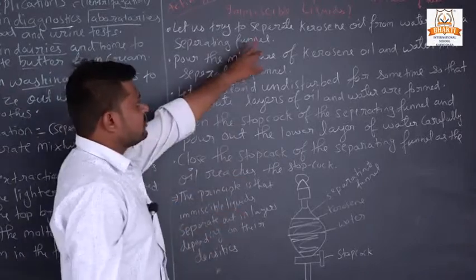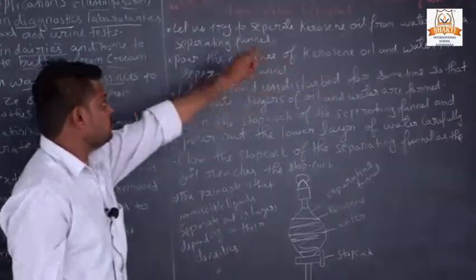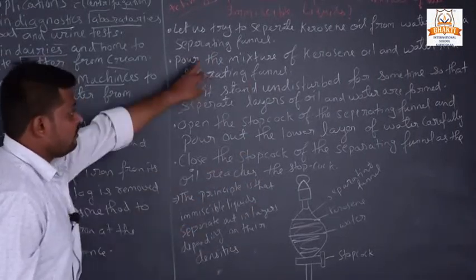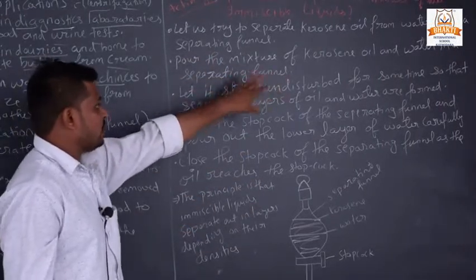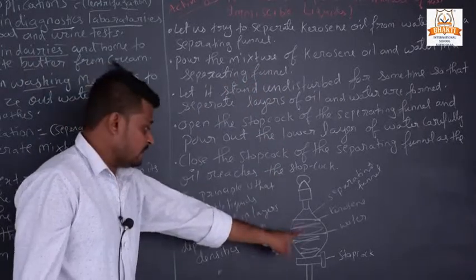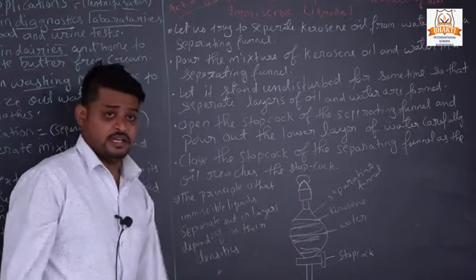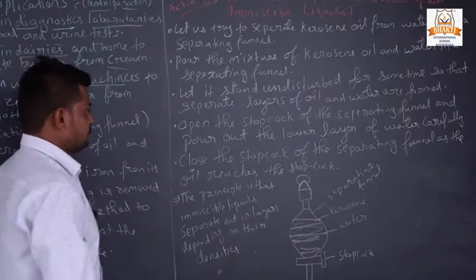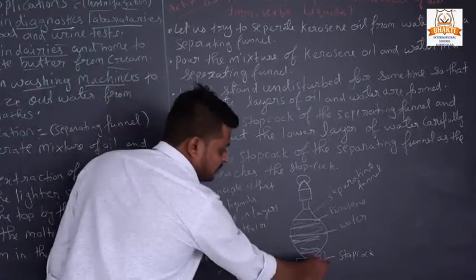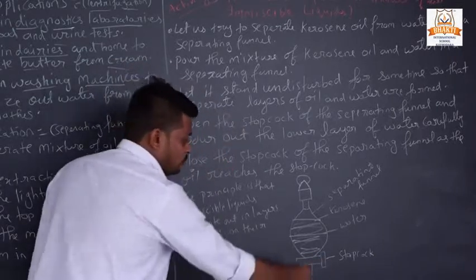Let us try to separate kerosene oil from water using a separating funnel. Pour the mixture of kerosene oil and water into a separating funnel. First we have to pour and fill the separating funnel with the water and kerosene mixture. Then open the stop cock of the separating funnel. Here it is, the stop cock we have to open.